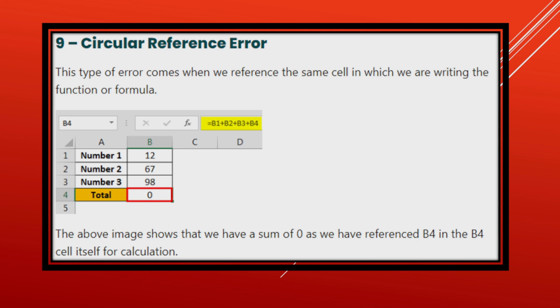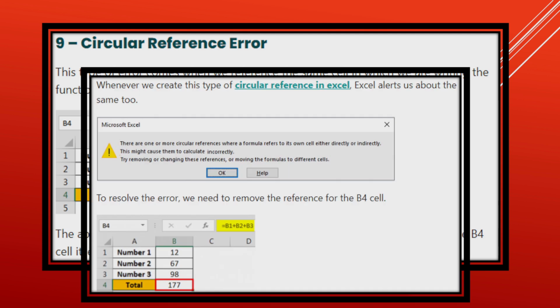The above image that we can see in front of us shows that we have a sum of 0 as we have referenced B4 in the cell itself for calculation. So whenever we create this type of circular reference in Excel, Excel alerts us, and that's the error that we'll see. So you want to go and check your formulas and make sure that they are not referring to themselves as well.